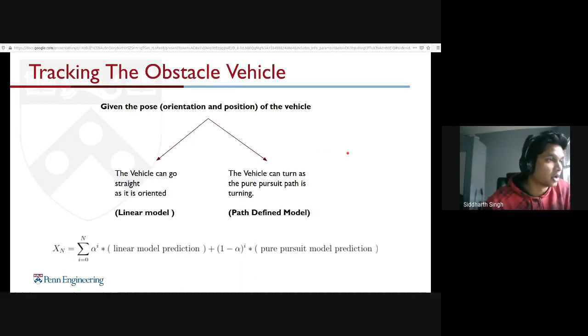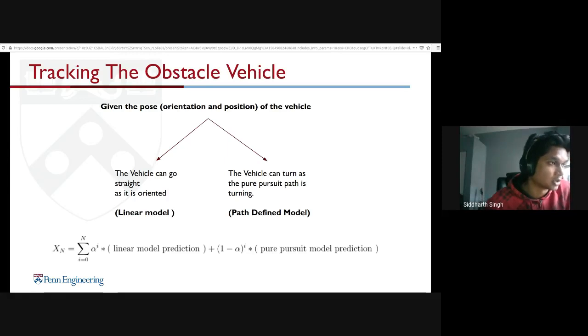Having a weight alpha, with an exponential component, I'm going to weight this so that the prediction is alpha times the linear model prediction plus 1 minus alpha times the pure pursuit model prediction, and I'm going to have an exponent component over it.